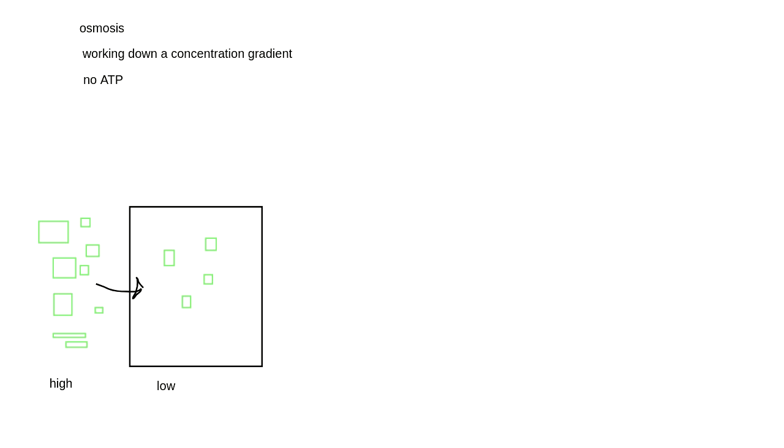Okay, so cells only utilize osmosis when we have particles that are so big, so charged, or so polar that they really can't move across our plasma membrane at all. So we can't use regular diffusion and we can't use facilitated diffusion to reach equilibrium.